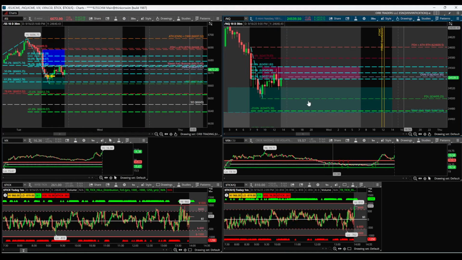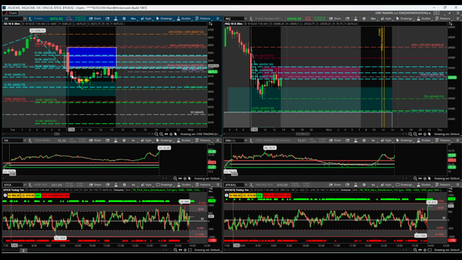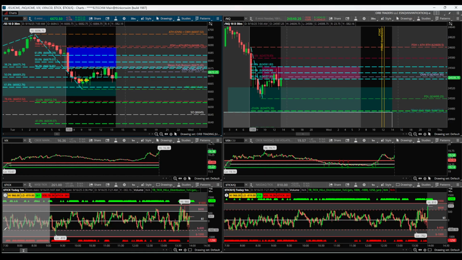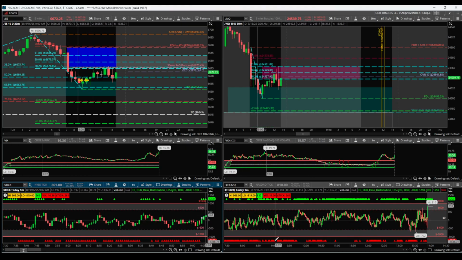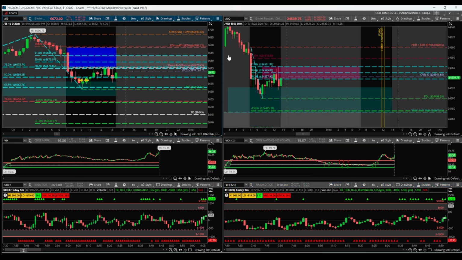Hope you guys are doing well, and don't forget to check your internals like we had today, a very traditional ORB short where our volatilities were going up, and we had a lot of prints below the zero line, a lot of red underneath, a lot of action staying below, further confirming the short.